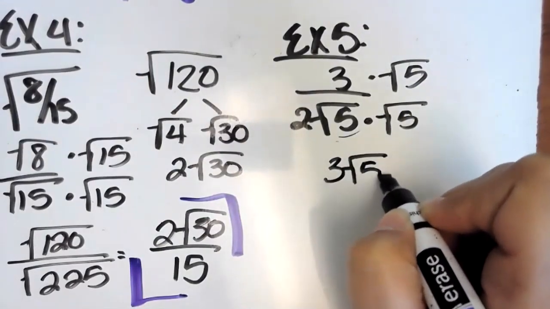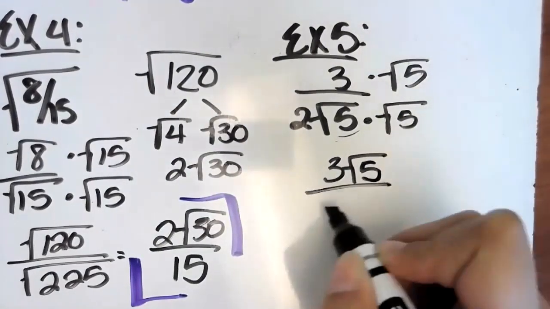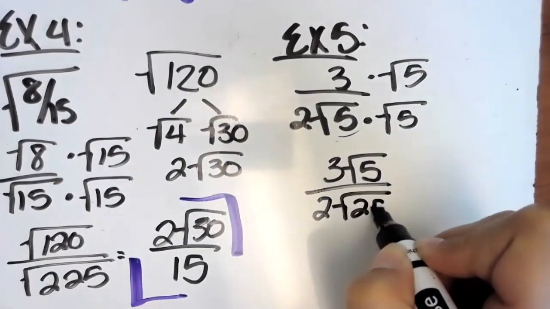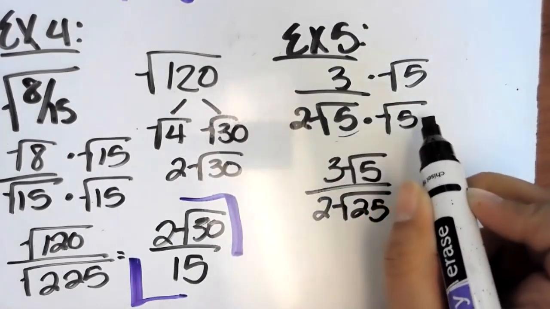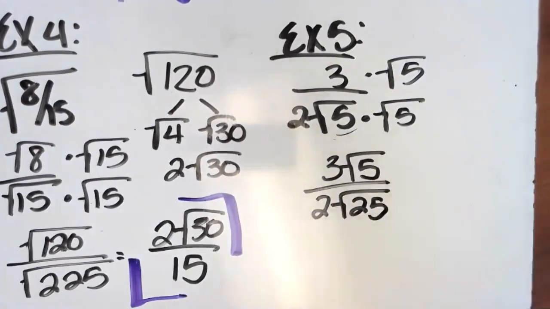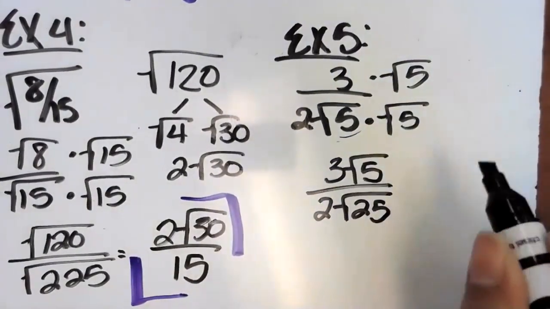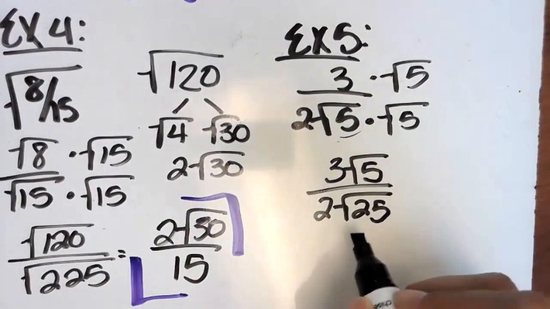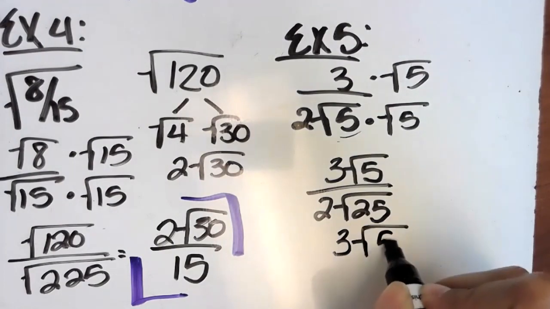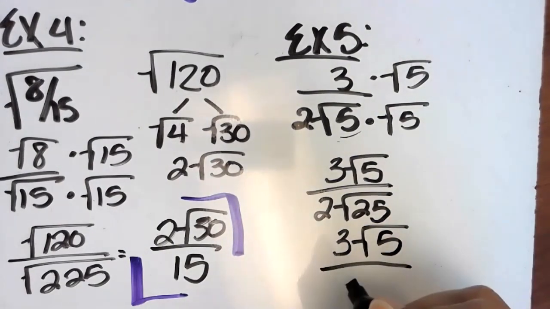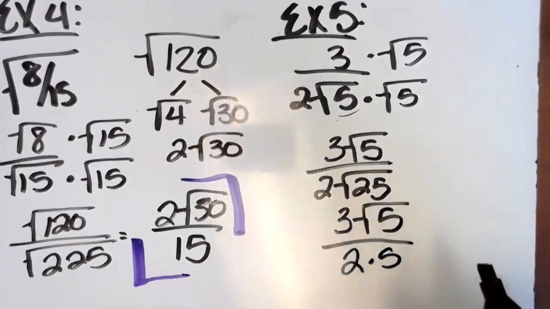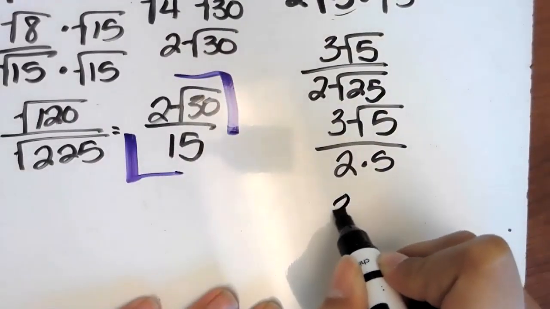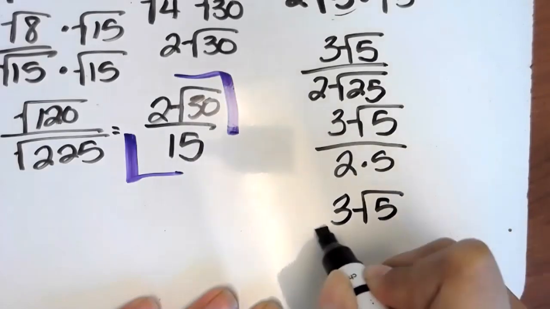It would actually just be 3 square roots of 5 over 2 square roots of 25. 5 and 5 are both underneath the radical, so you can use the product rule on those. And I noticed that the square root of 25 is actually a perfect square. It's 5 squared. So this becomes 3 square roots of 5 over 2 times 5, which then becomes 10.